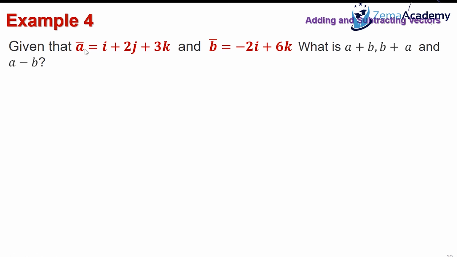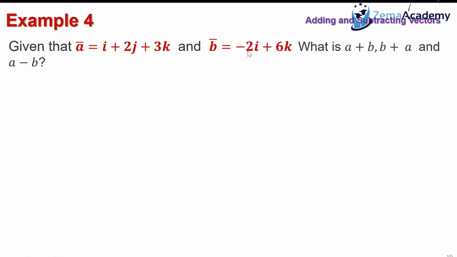For example, in the first case, A1 is 1, A2 is 2, and A3 is 3. Whereas for the B vector, A1 is -2, and the term with the J component, there is no J component. As you can see, it just consists of two components.